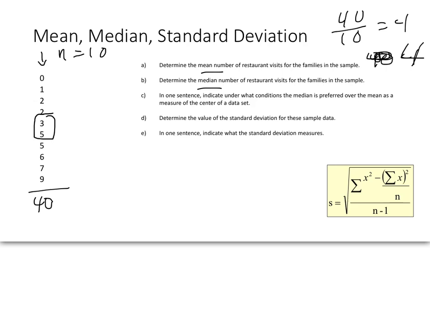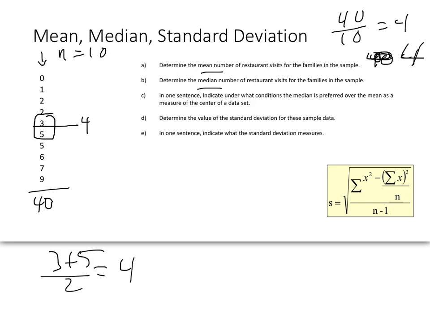So we would say 3 plus 5 over 2 is also 4. That's that dividing point, 4, and that's going to be the midpoint.